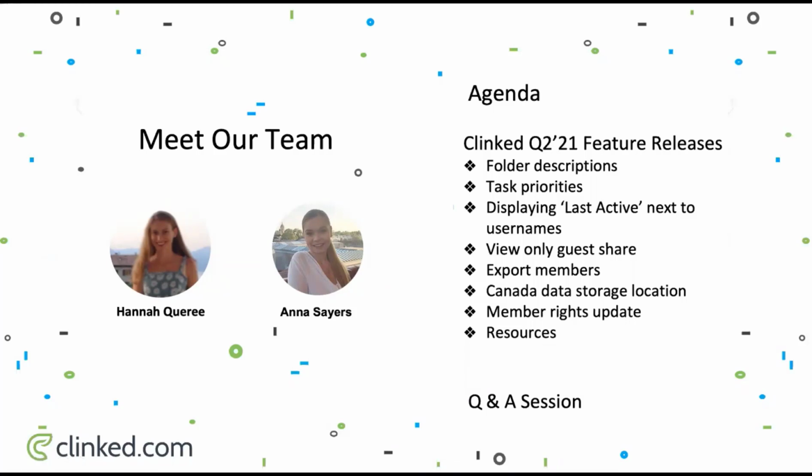After that, we will take you through our resources as usual, and also have a Q&A session at the end. If you have any questions throughout the webinar, you can just pop them in the chat box below and we'll be able to answer them at the end for you.